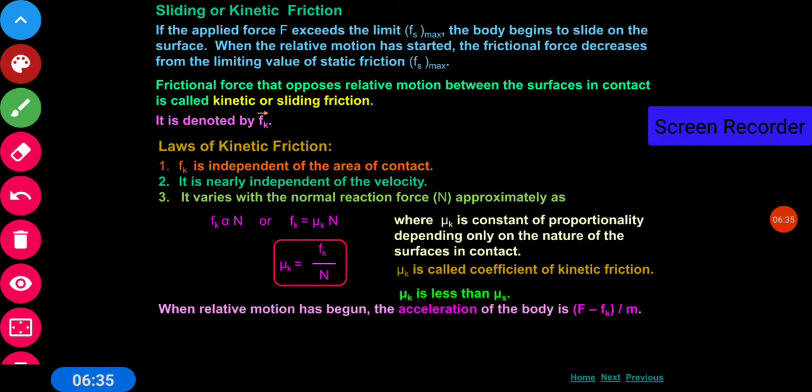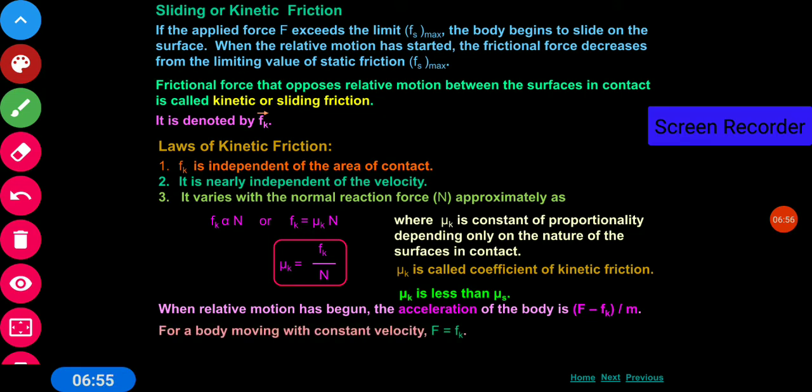When relative motion has begun, the acceleration of the body is F minus Fk upon m, because when the body has started motion, the force acting on the body is F minus Fk. Both are in opposite directions, so F minus Fk upon m gives the acceleration.